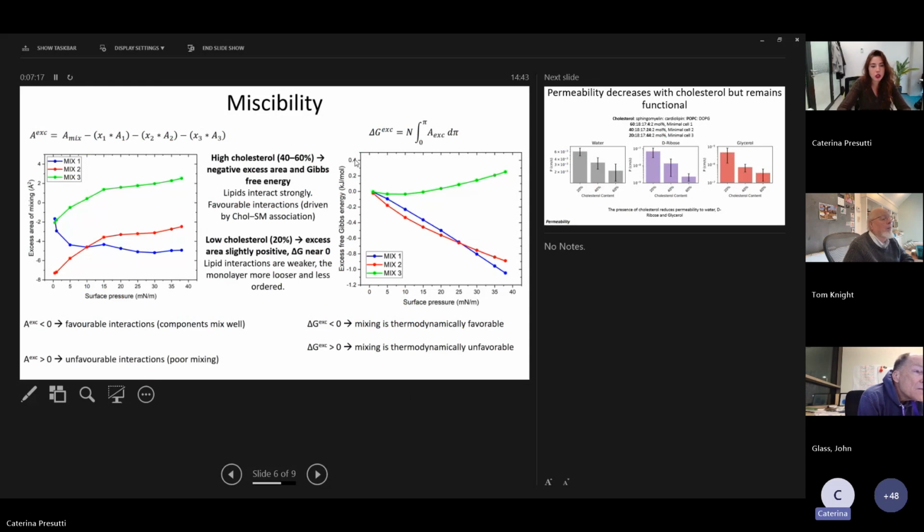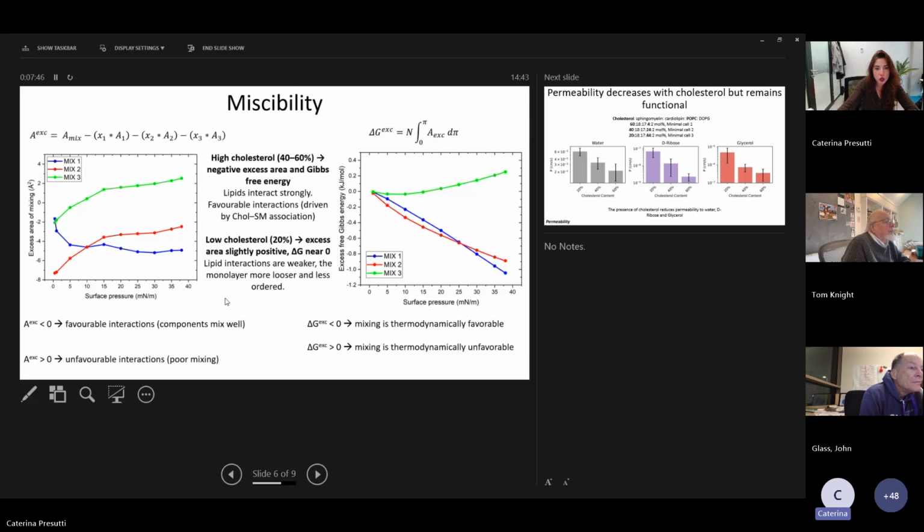Then to probe the lipid miscibility, we measured the excess area and the excess free Gibbs energy. When they are negative, it means that there are favorable interactions and the components are well mixed, while when they are positive, it means that there is a tendency toward unfavorable interactions.